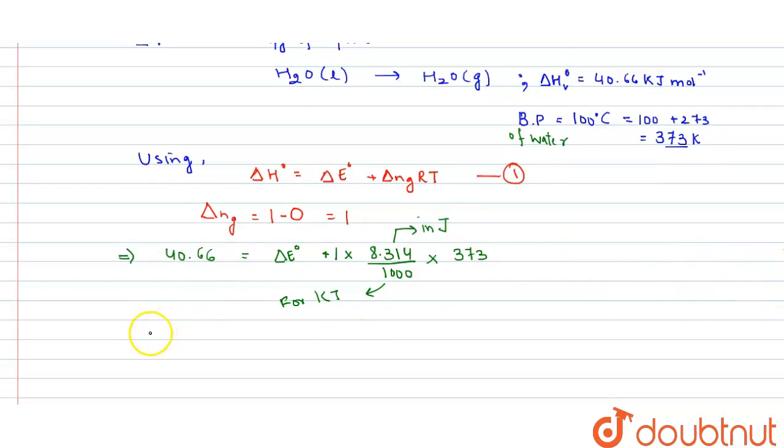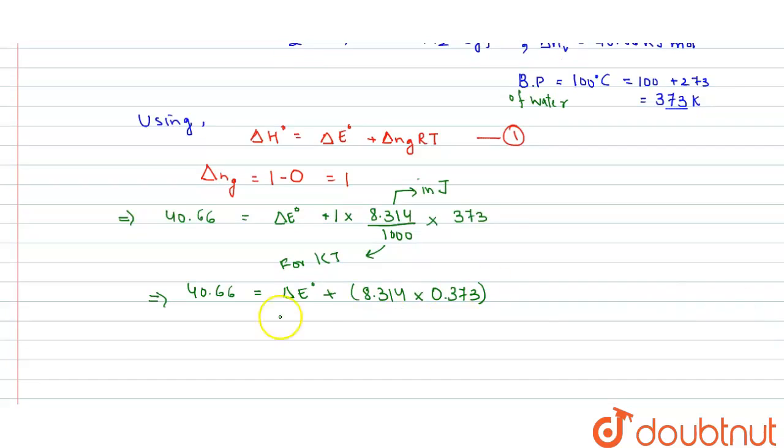On further simplification, we get the expression as 40.66 equal to delta E naught, because this is what we have to find, plus, with a positive sign in between, 8.314 multiplied by 0.373, as we divide 373 by 1000. Simplifying further, we get 40.66 equal to delta E naught plus 3.10.